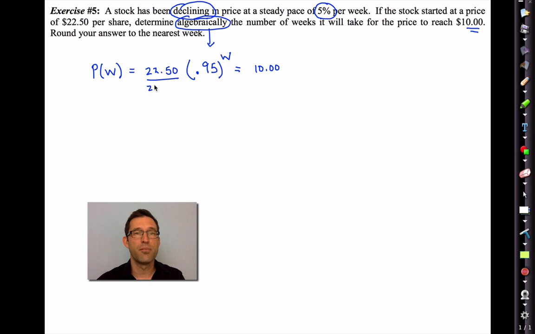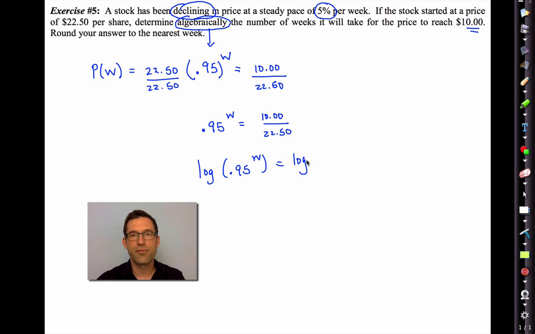I'm going to divide both sides by 2250. And just like before, if we want to deal with the decimal version of this, we can. We just wouldn't want to round it. I'm going to leave it as 10 divided by 2250. And then I'm going to take the log of both sides.